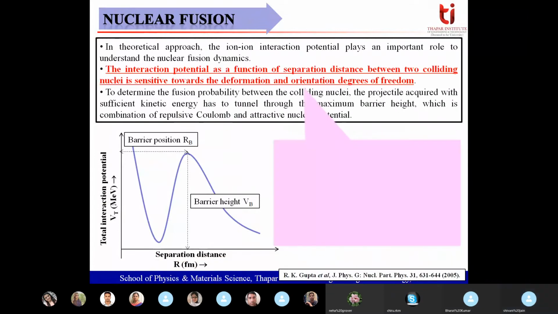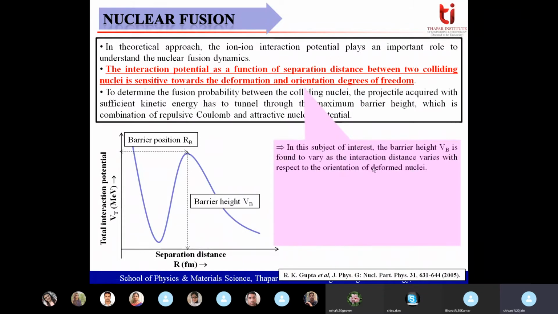Okay. So I want you to recall the statement, the red one, that the interaction potential as a function of separation distance is sensitive towards the deformation and orientation degrees of freedom. That means the barrier height will also vary with respect to the orientation of deformed nuclei.